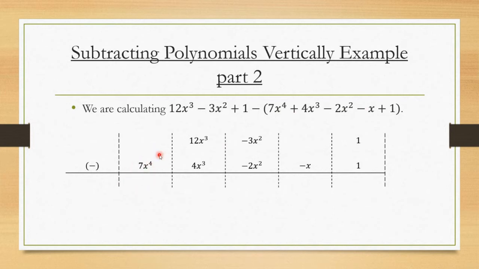Okay? If we were in class face-to-face, I would be drawing this out and showing a few more steps, but I really hope everyone's understanding what I'm trying to show here. We have 7x to the 4. That goes in its own column. So you can imagine me drawing another column in front of this one. We have 4x cubed. Well, we have a cube term, so that goes here.